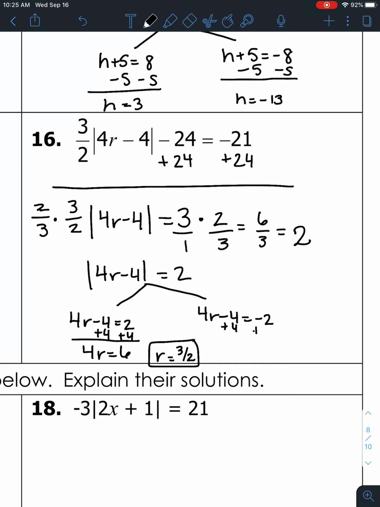Add 4 to both sides, so that gives me 4r equals 2. Divide by 4, so that gives me r equals 1/2. Write it as a solution set: r equals, curly brackets, 3/2 and 1/2.